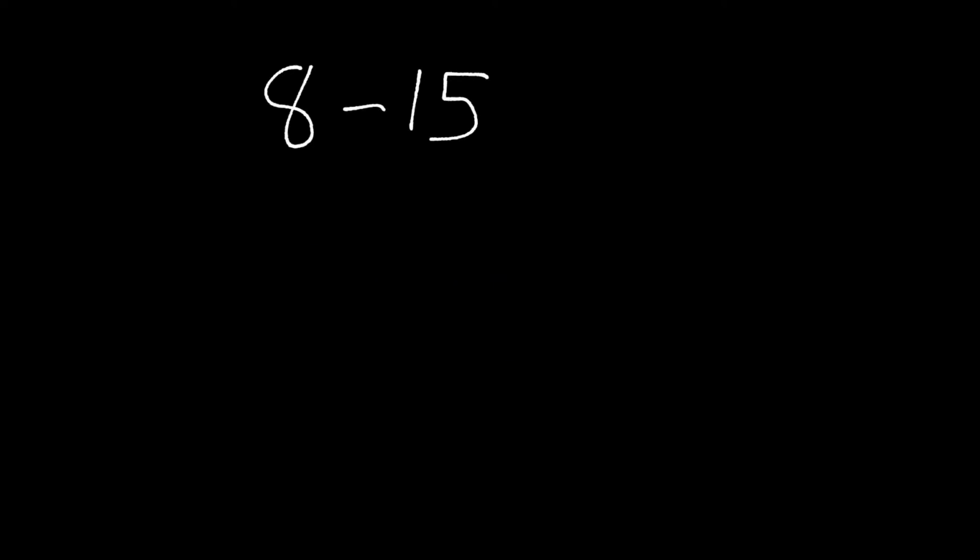Here I have, for our final example, 8 minus 15. Now, since it is minus 15, I could rewrite this as 8 plus a negative 15. It's up to you whether or not you want to do that. Whenever you have the subtraction, you could always change it to being the addition of a negative.